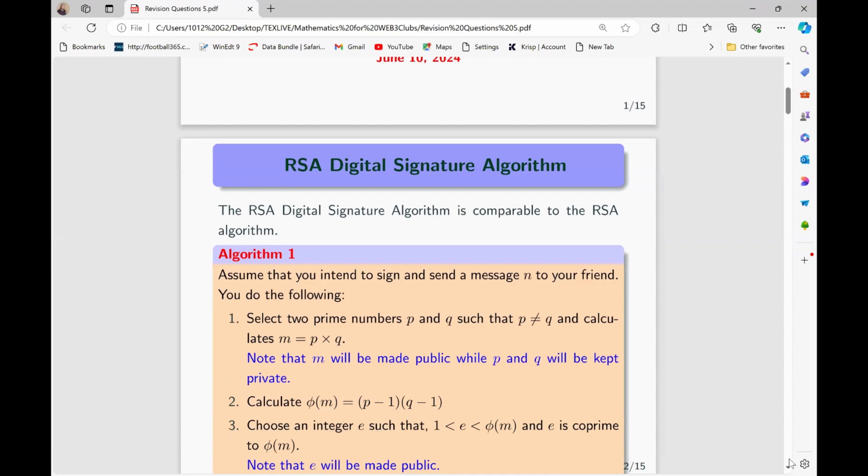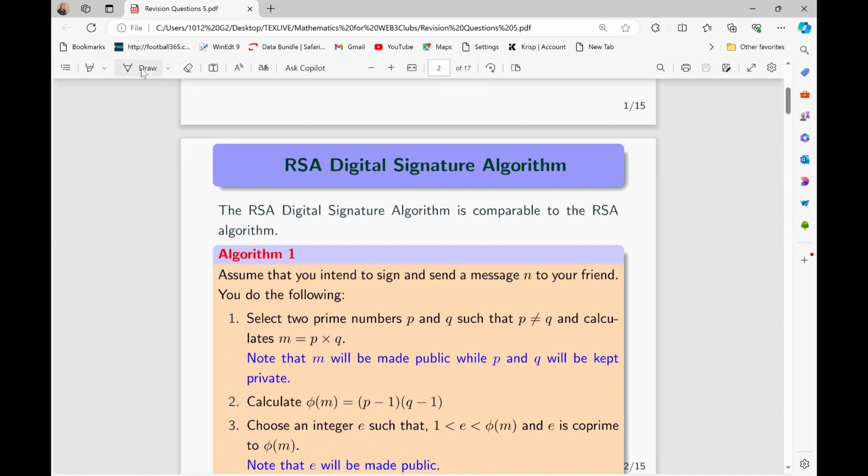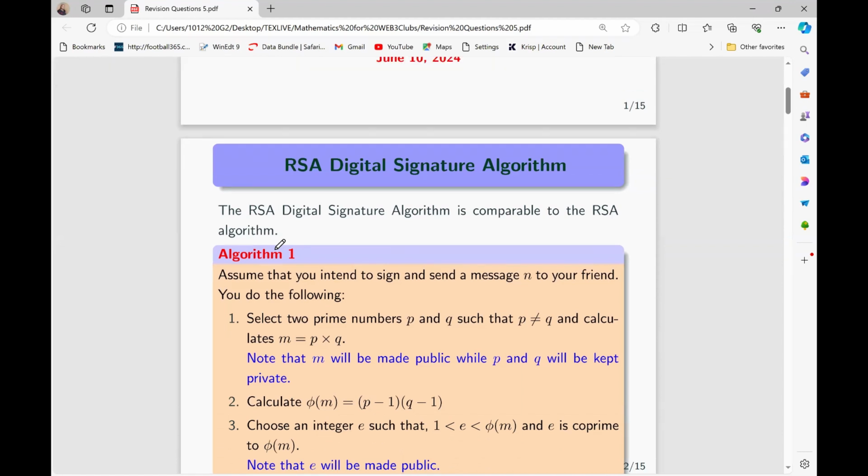And so we shall be looking at the same algorithm as the one we did for the RSA. The only difference will come in at the time of signing, the kind of keys that we'll be using at signing and so on. But just as we talked about the RSA algorithm, we said that we choose two prime numbers, P and Q. And of course, these two should be large enough, large prime numbers.